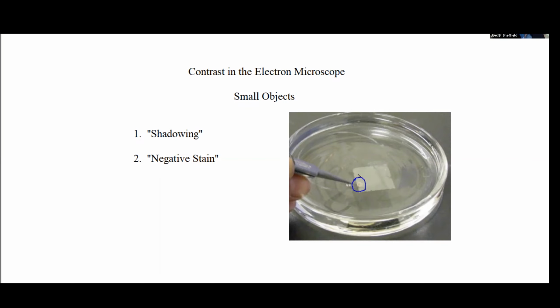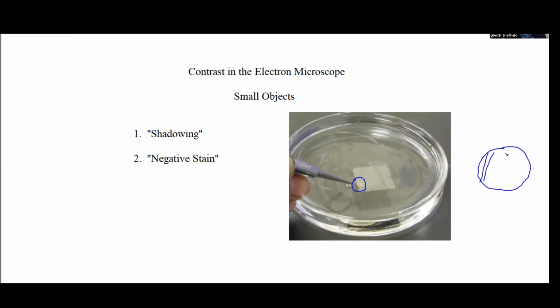Okay, so this thing is about 3 millimeters in diameter, maybe even less. It's pretty small. And the grid itself is circular in most cases.